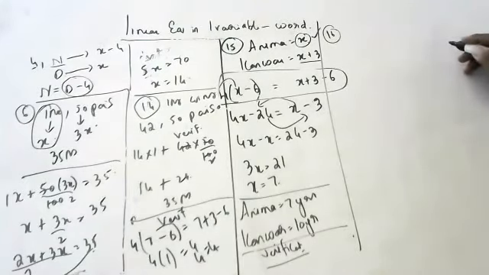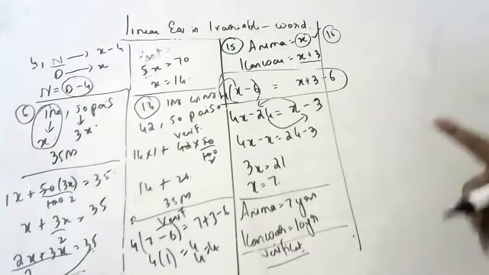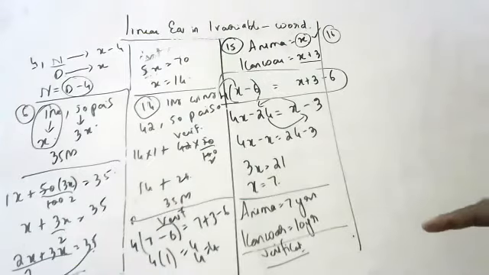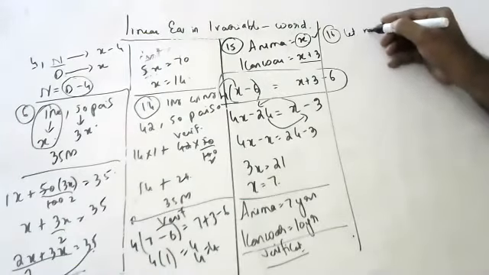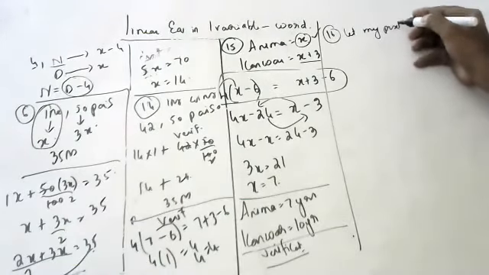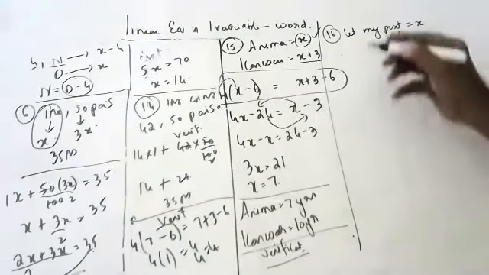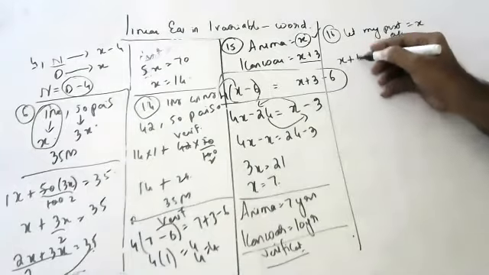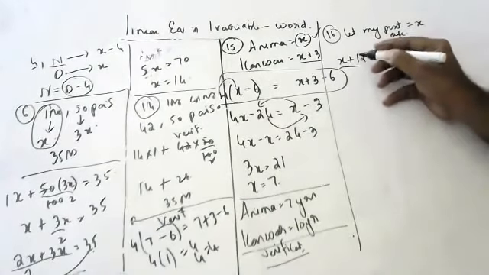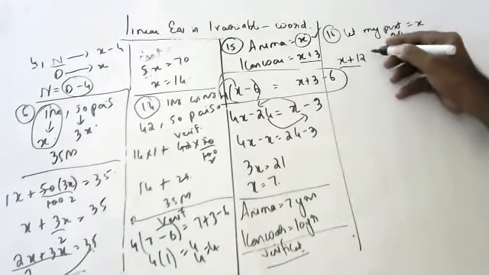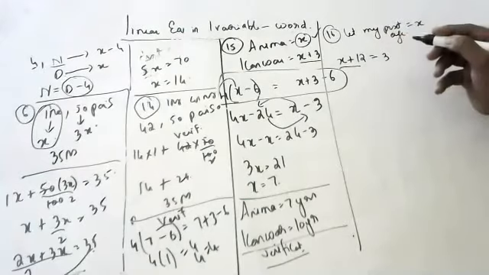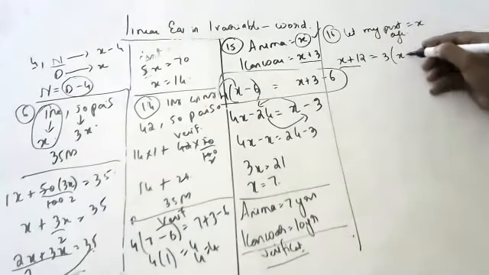After 12 years, I shall be 3 times as old as I was 4 years ago. Let my present age be x. After 12 years means x plus 12. I shall be 3 times x minus 4, my age 4 years ago.